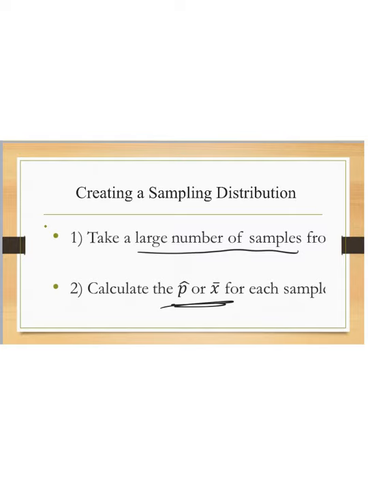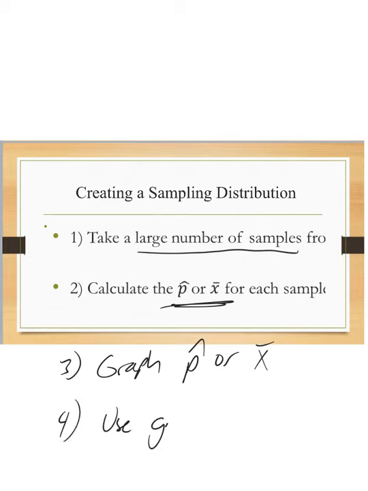And then we graph each one of those p hats or x bars, okay? And then eventually we'll use that graph to solve probability questions of some sort, okay? And we'll see that moving forward.